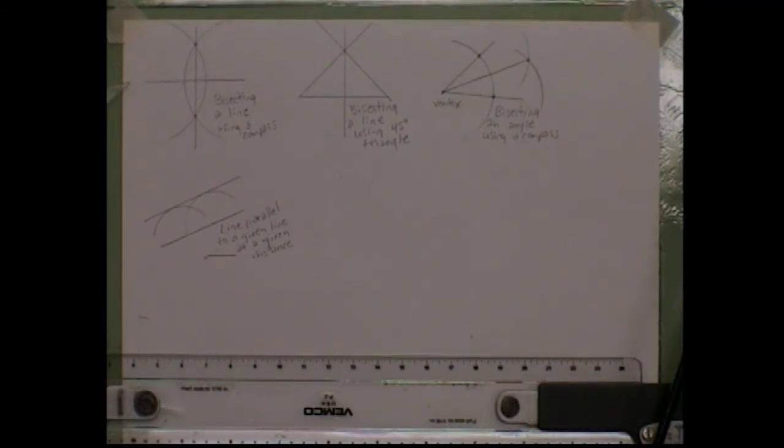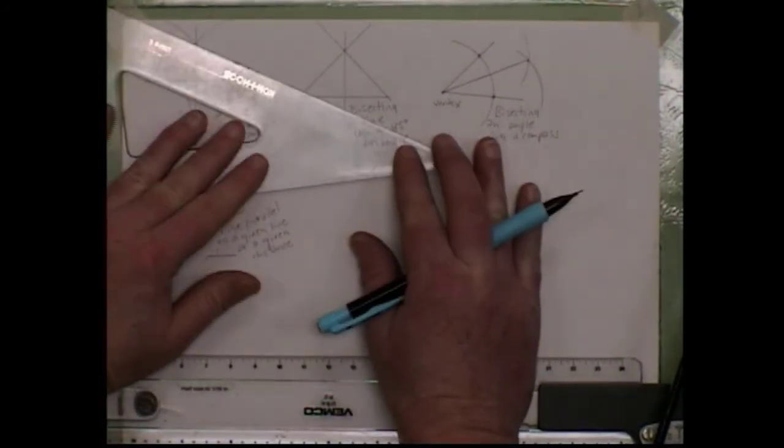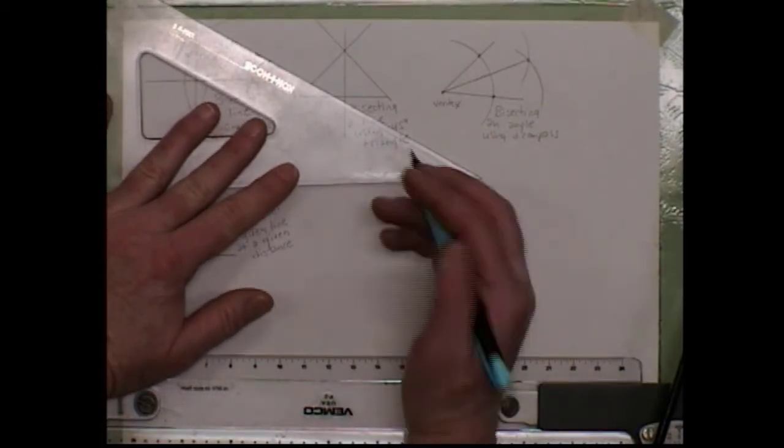All right, the next thing we're going to draw is a scalene triangle. What does scalene mean? No sides are equal. So we're going to put just 3 random lines here.